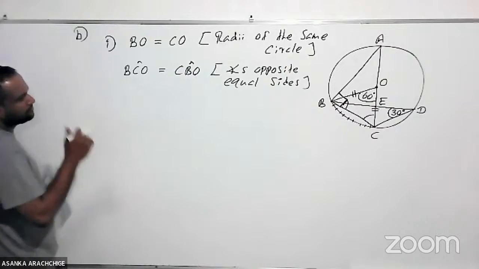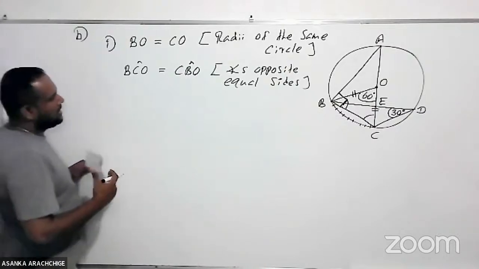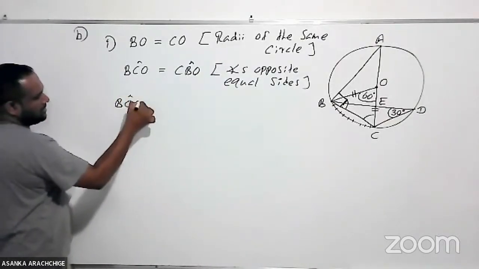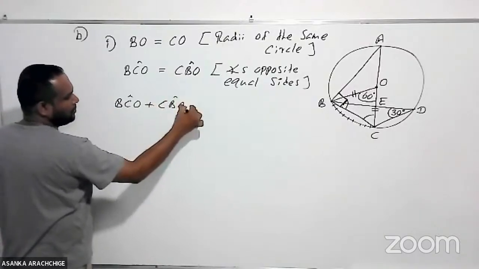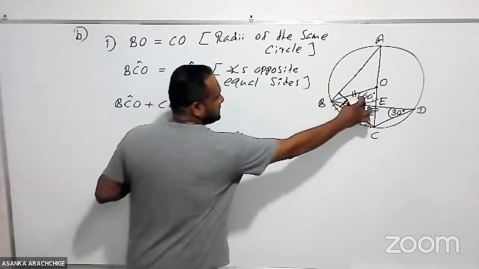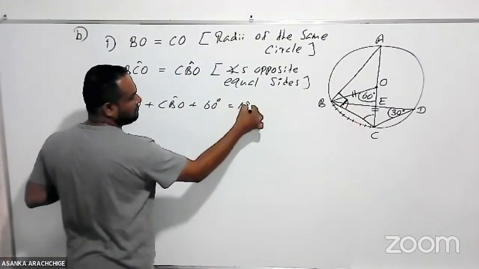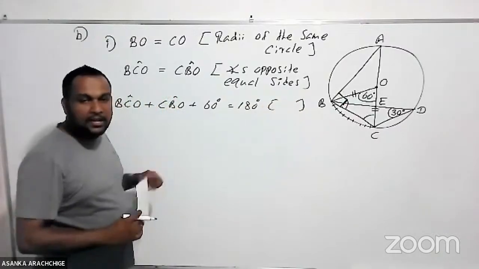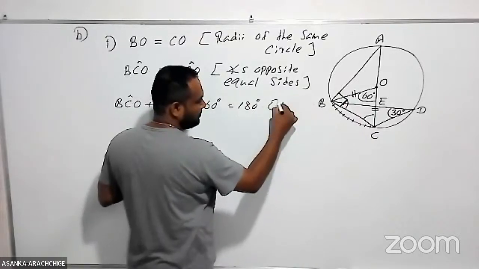Then, therefore, you can say today angle BCO plus angle CBO plus 60 degrees must be equal to 180. Reason: interior angles in a triangle.